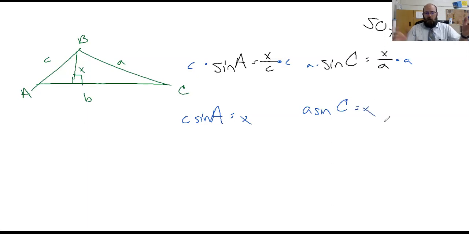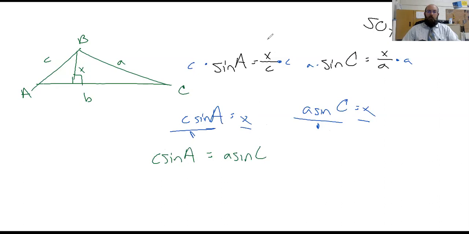So now I'm going to utilize the transitive property. I have something that equals x, and I have another thing that equals x. Those two things must also be equal to each other. Transitive property. It's sweet. So c sine A equals a sine C.